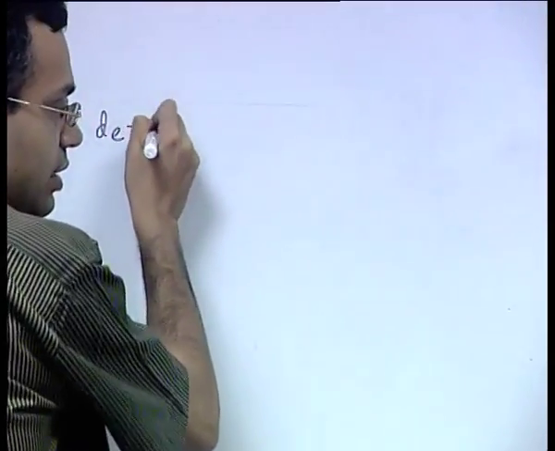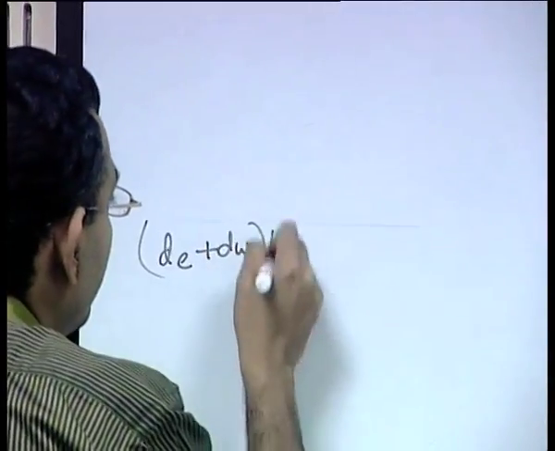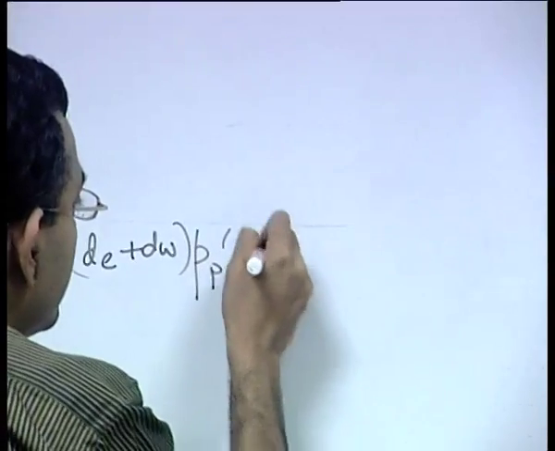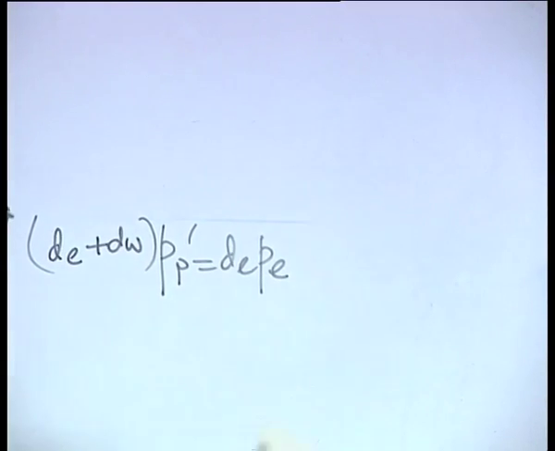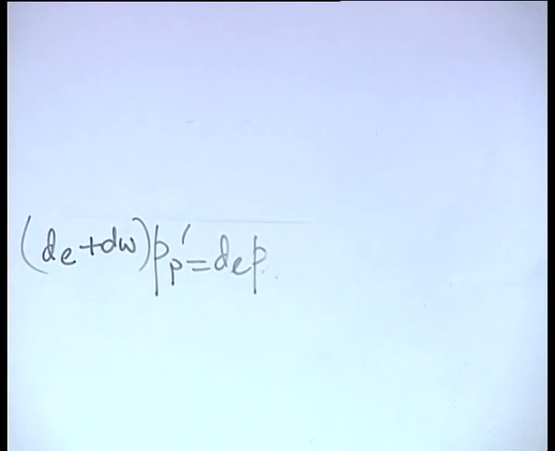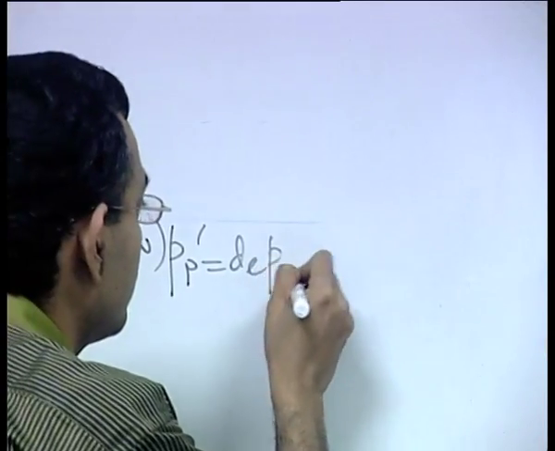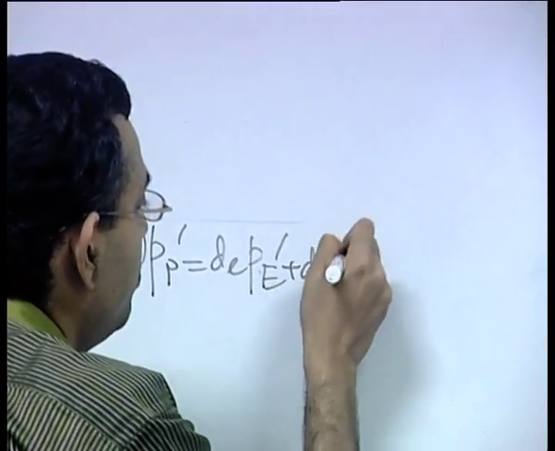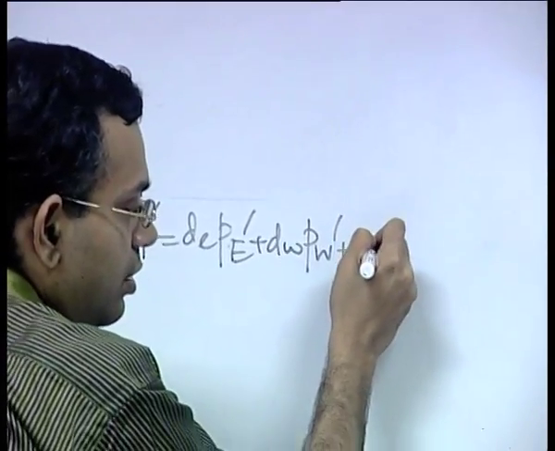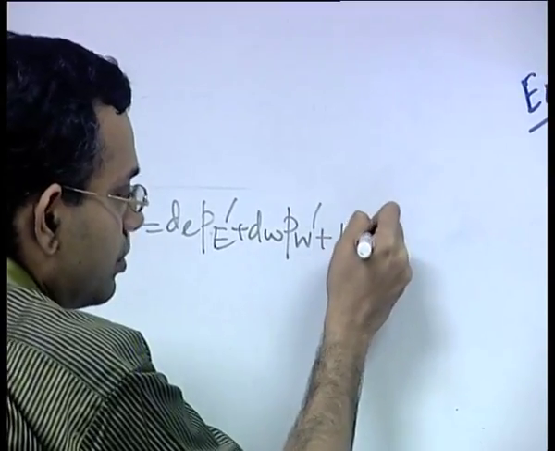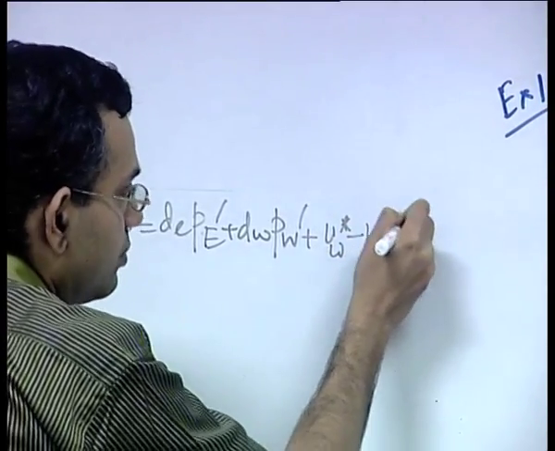So, you have dE plus dw times pp prime is equal to dE pe prime, sorry, dE into capital E prime plus dw into capital W prime plus uw star minus ue star.